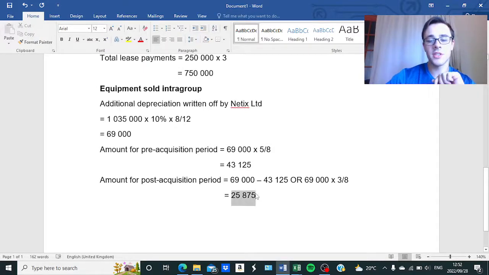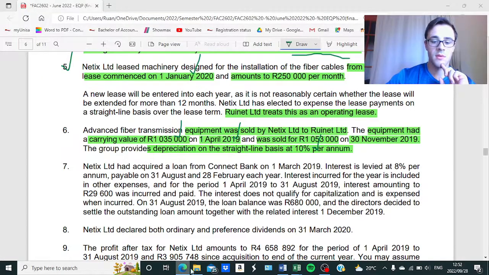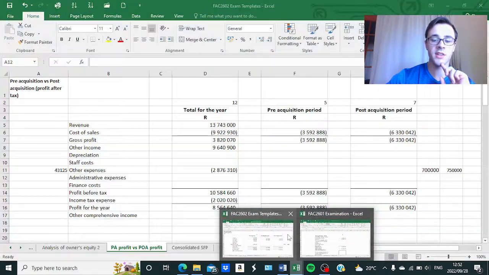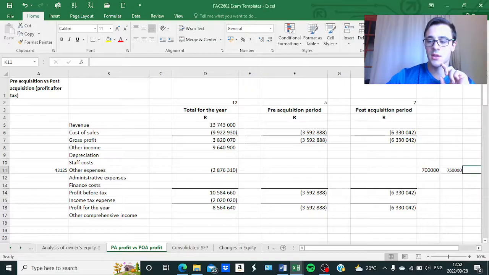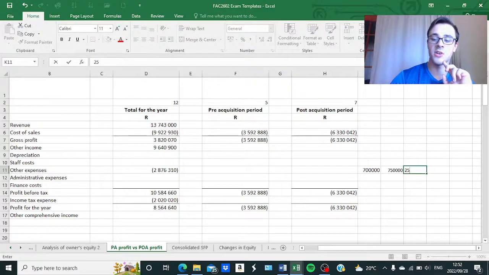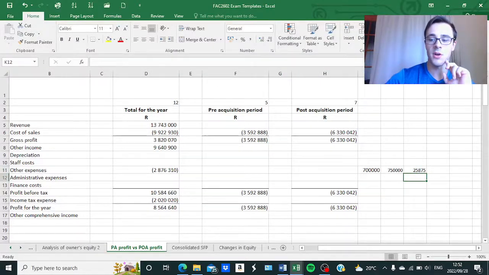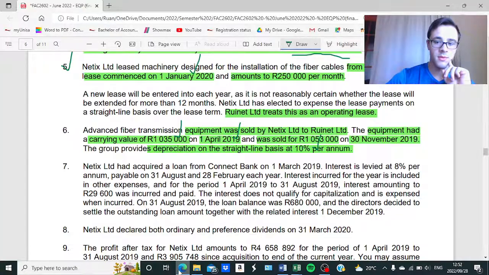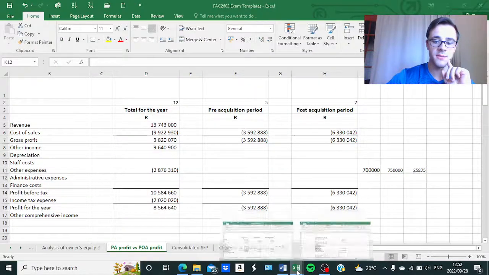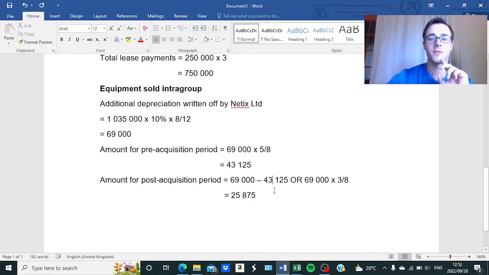So this is the portion that applies to the post-acquisition period. So we need to include it in the post-acquisition period, along with the lease payments as well as the bonus paid to those staff members in the sales department. So 25,875 forms part of the post-acquisition period.